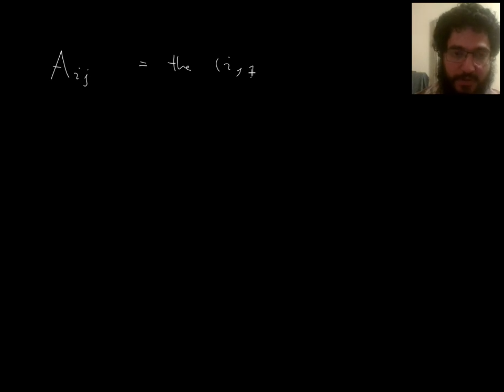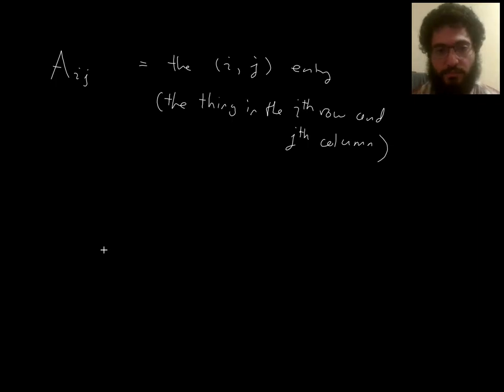And all of this can kind of be summarized if one just writes down a formula. So if I have a matrix A, then I can write subscripts like ij for what I would call the ij entry, which is the thing that is in the ith row and the jth column.